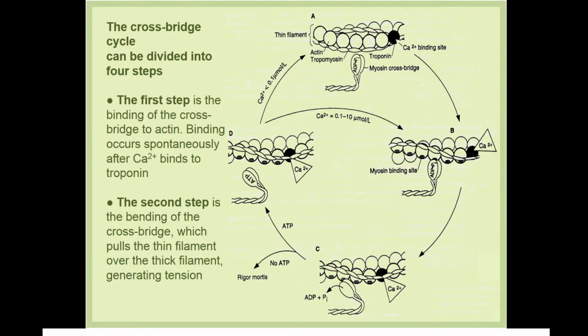The first step is the binding of the cross bridge to the actin. Binding occurs spontaneously after calcium binds to troponin.